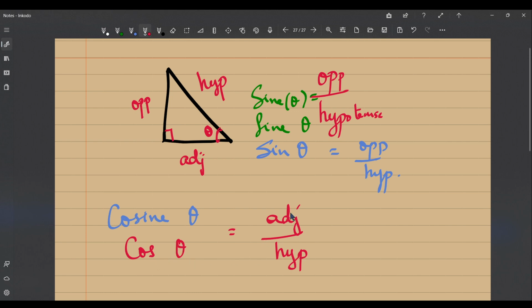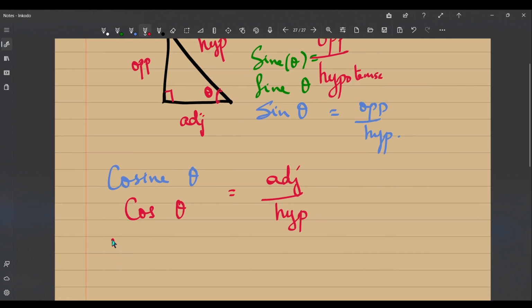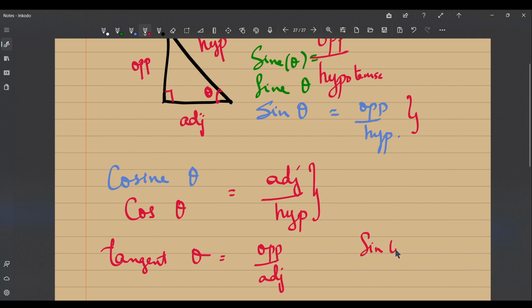So cos of theta is adjacent by hypotenuse, and tan theta, or the tangent theta, this name stands for opposite by adjacent. And if you look closely, if you divide sine theta by cos theta, you get opposite by hypotenuse divided by adjacent by hypotenuse.